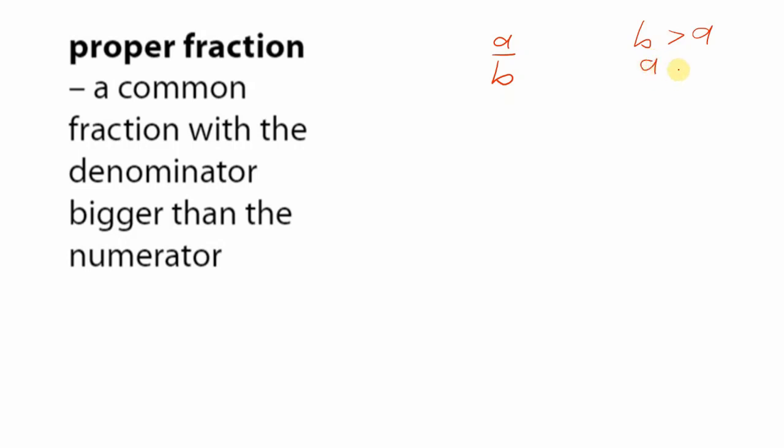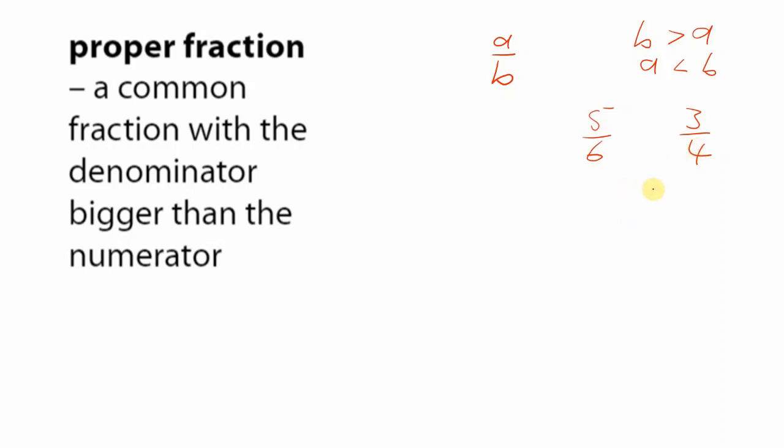Another way to put it is to say a is smaller than b. So 5 over 6 is a proper fraction because the top portion is smaller than the bottom portion. Similarly, 3 over 4 would be a proper fraction as the top is smaller than the bottom.